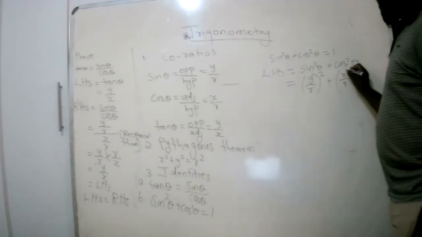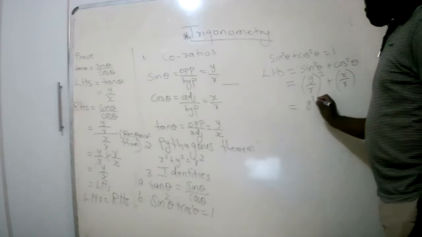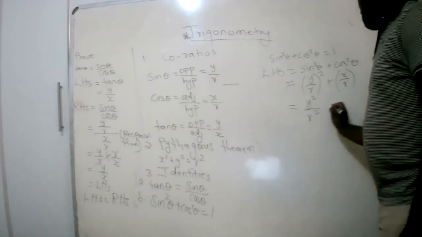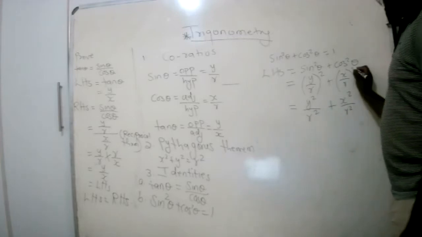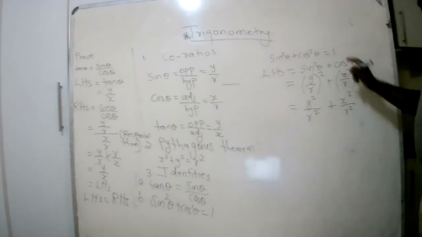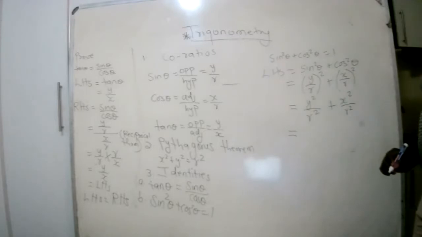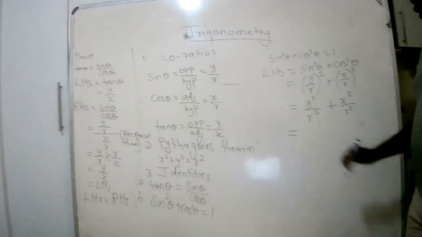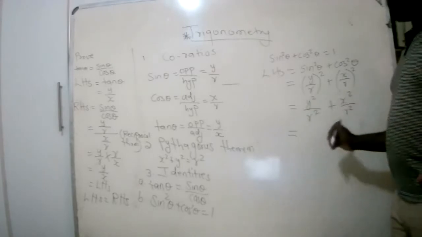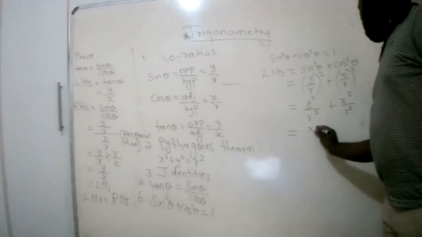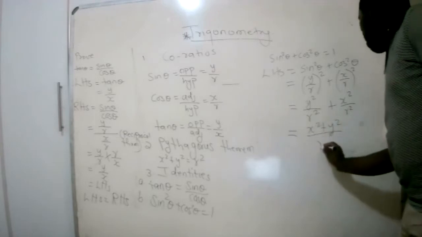So now we are allowed to write this as y squared over r squared plus x squared over r squared. If denominators are the same, we are allowed to add the numerators. So let's add the numerators.